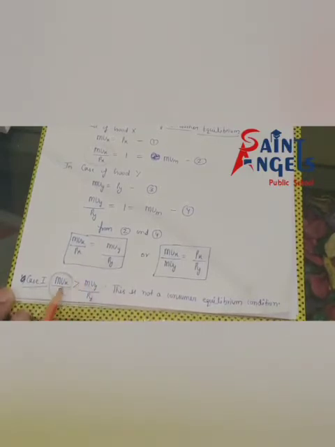See, this is not a consumer equilibrium condition, because we know that the consumer equilibrium condition is MU x upon Px is equal to MU y upon Py, but both are not equal here. So this is not a consumer equilibrium situation.